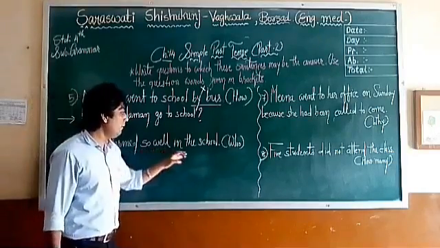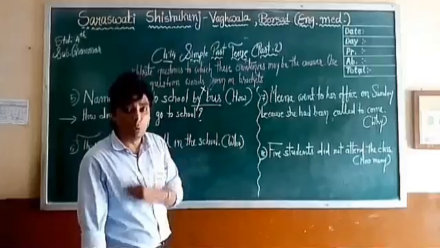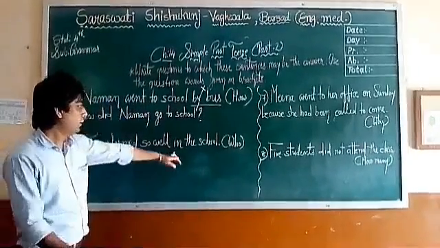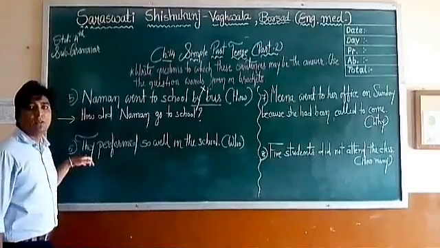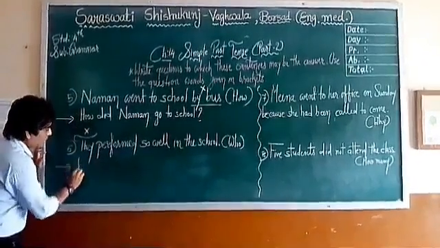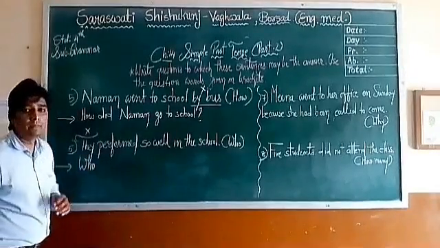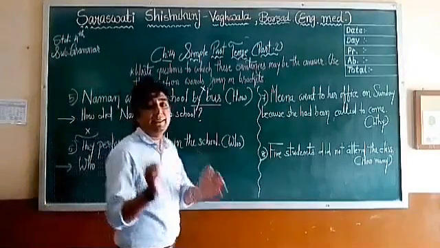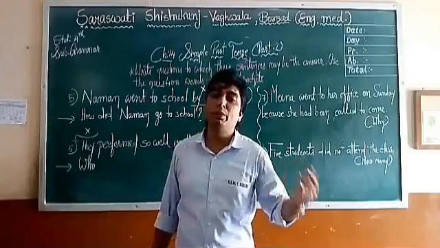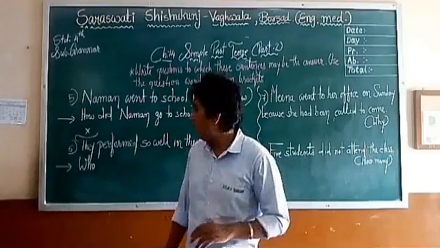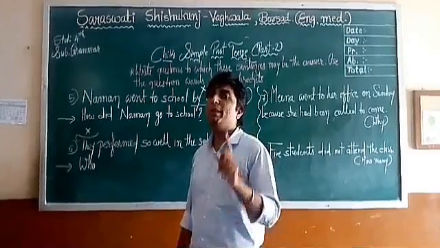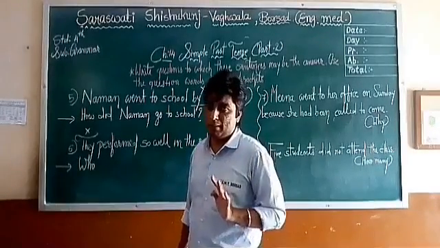They performed so well in the school. Who? They want to know who performed so well. Right? So they. So they is the answer. So we will not write they. So first write down who. But as I told you, except who, did will be there after WH words. Okay? After who there will be no did. Remember, after who there will be no did in past tense. Okay?